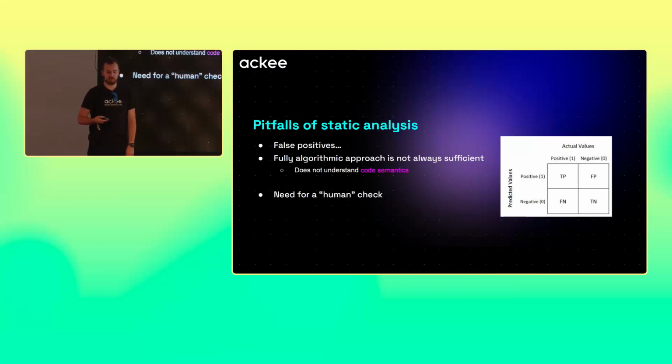This brings us to the pitfalls of static analysis. The biggest problem is that a fully algorithmic approach is not always sufficient, because traditional static analysis does not understand code semantics. In one code base there can be a valid detection for a specific detector, and in another, almost the same code will not be an issue.